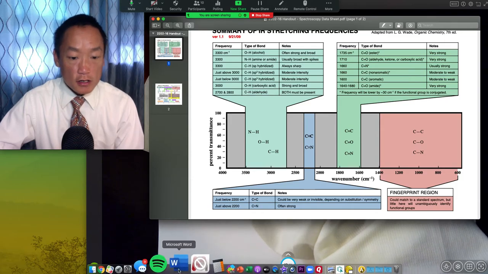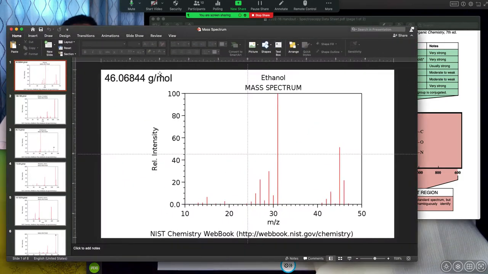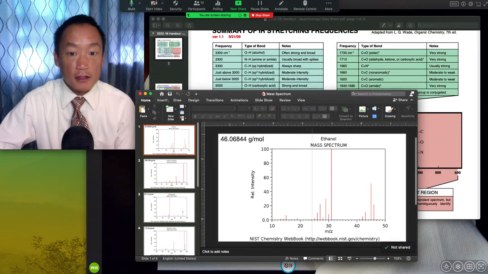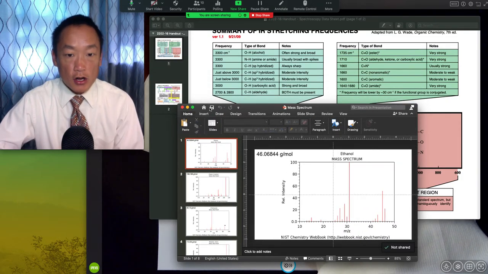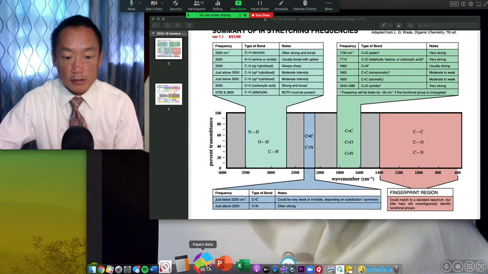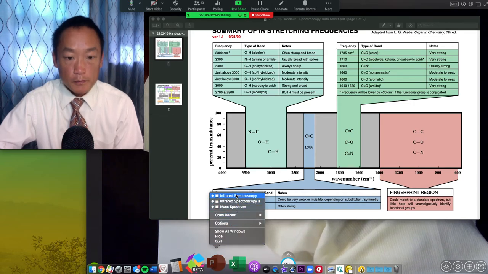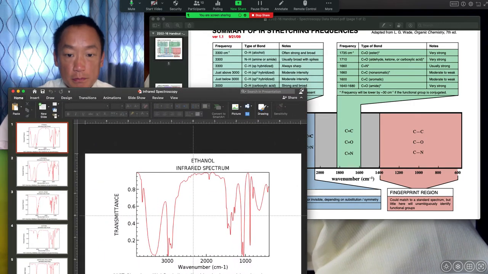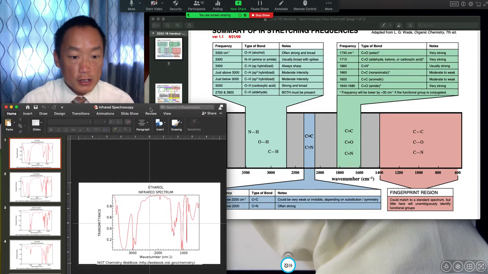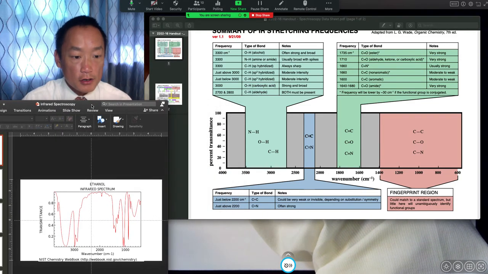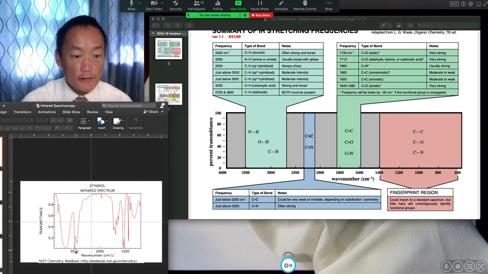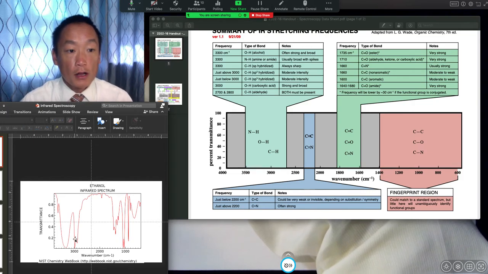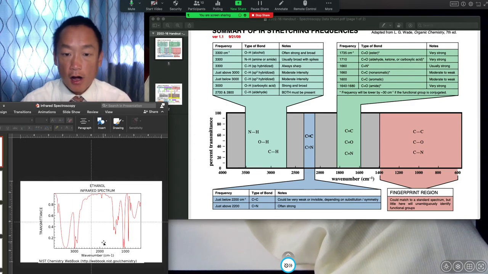When we start to look at an IR spectrum of something like ethanol, and ask ourselves, mass spectrum, sorry everybody, let's go to the IR spectrum. When we look at this molecule, here's the spectrum of ethanol, and here's a peak that I observe at 2,900 inverse centimeters on our IR spectrum. Well, if that's the case, then I wonder what that could be.